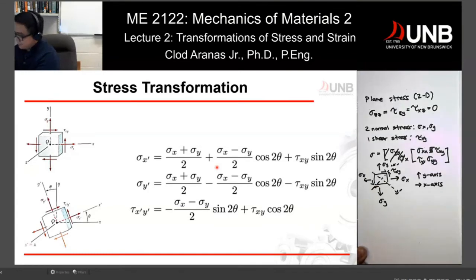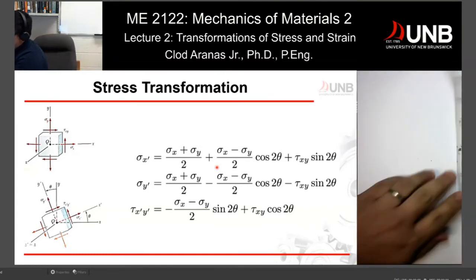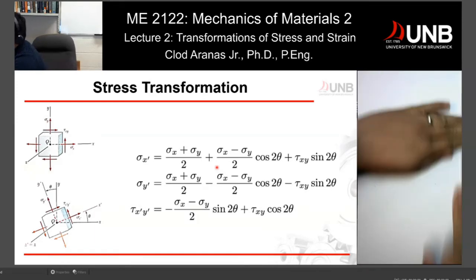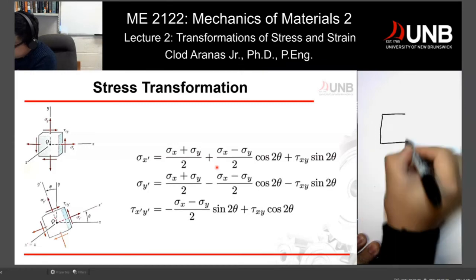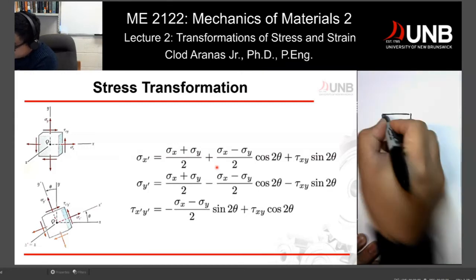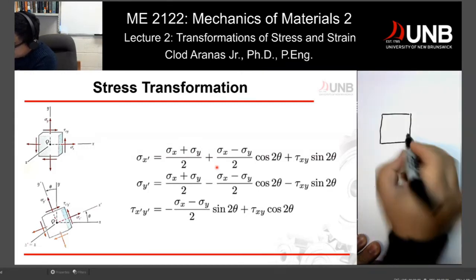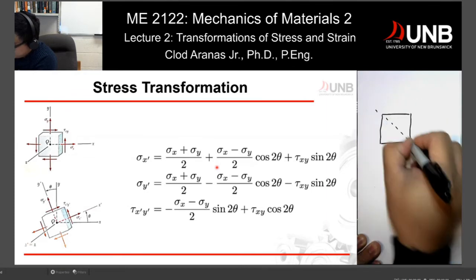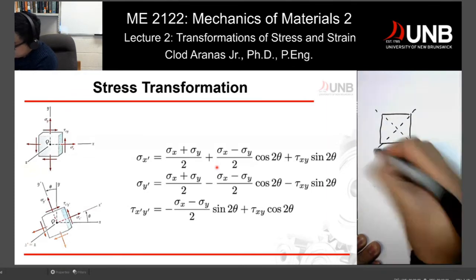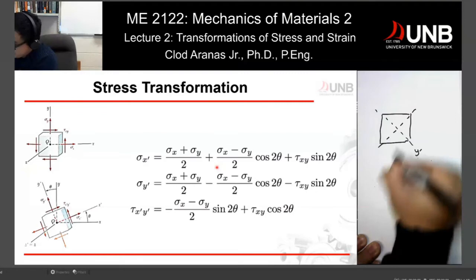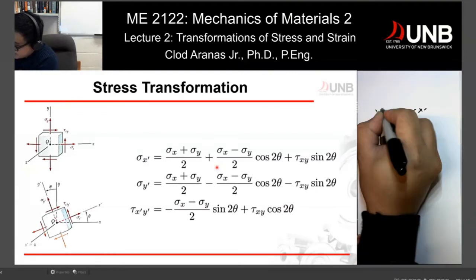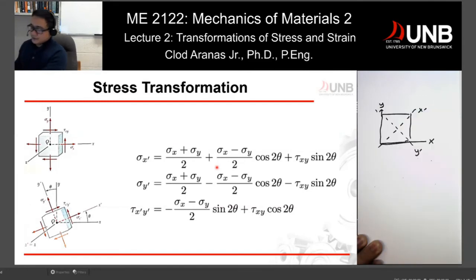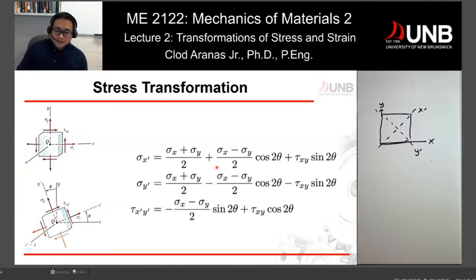Maybe it's too small, but yeah, I'm just going to change it. So that would be your new y prime. That's your x prime, and this would be your x, and that's your y. So those are the rotated axis.